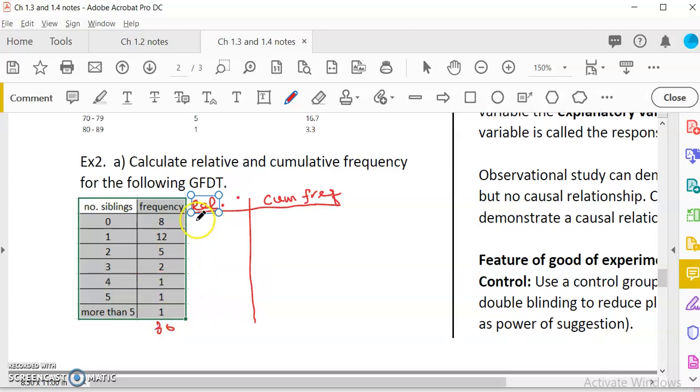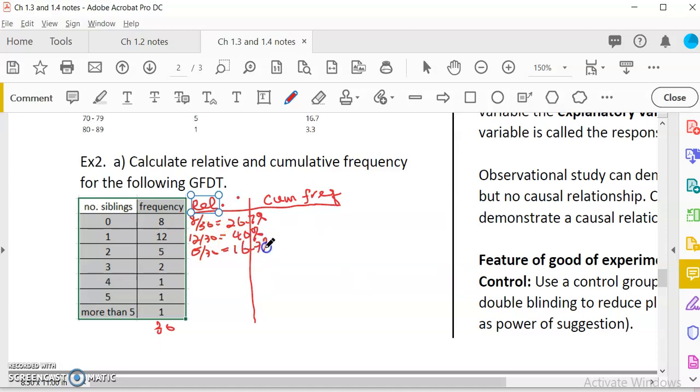And so the relative frequency will be 8 over 30. And if I do want to do rounding, it will be 26.7%. Okay. 12 over 30, so it's 40%. 5 over 30, so 5 over 30. It will be 16.7%.